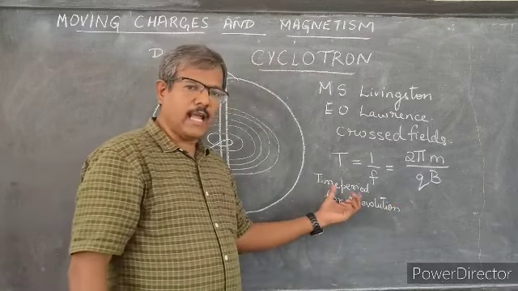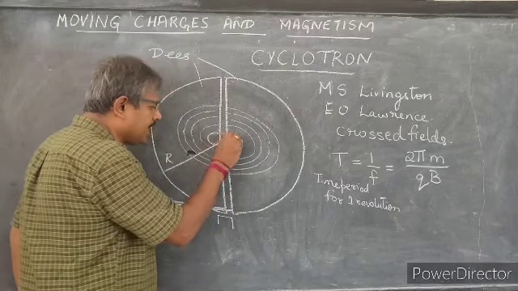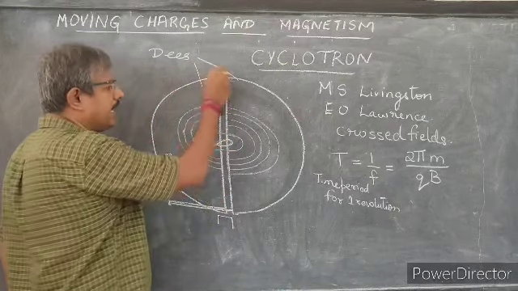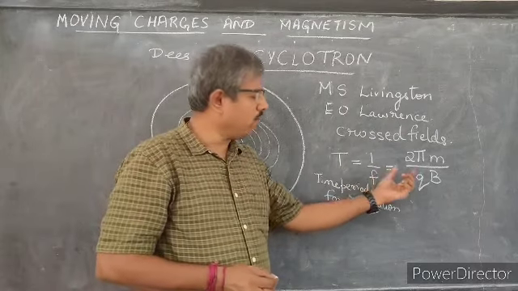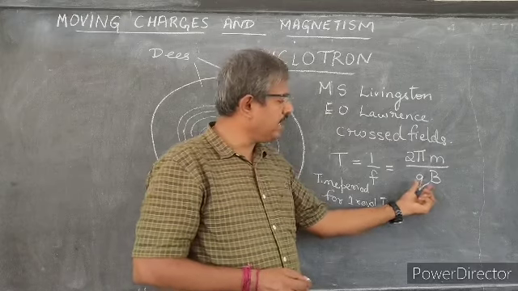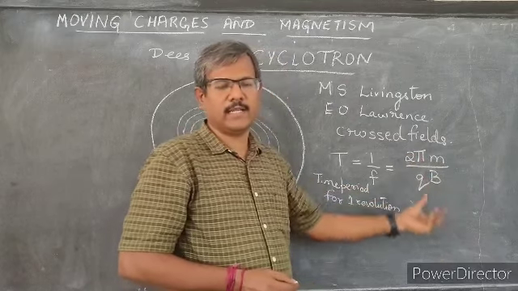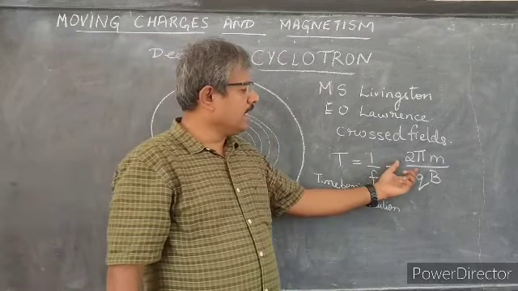And the time required to complete one revolution, whether the particle is here or at the edge of the cyclotron, is independent of the radius as well as the velocity of the particle. Quite an interesting observation that you just need to make note of.